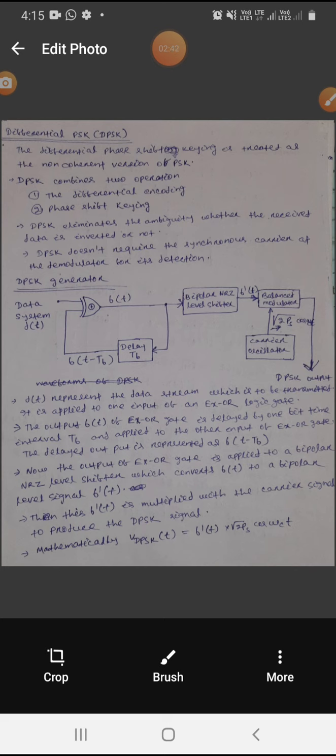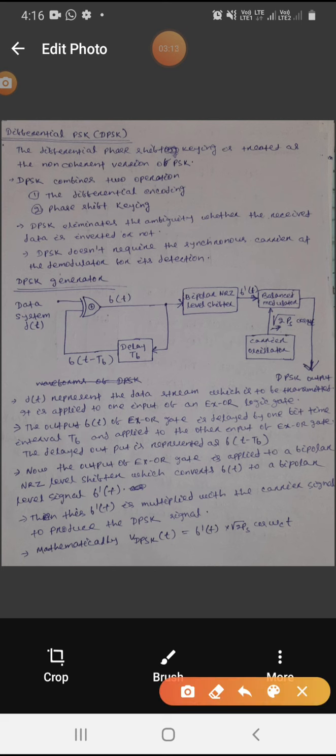Now the output of the XOR gate is applied as input to the bipolar NRZ level shifter, which converts the input B(t) to a bipolar level signal B'(t).